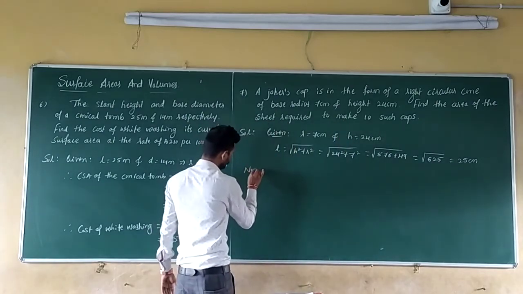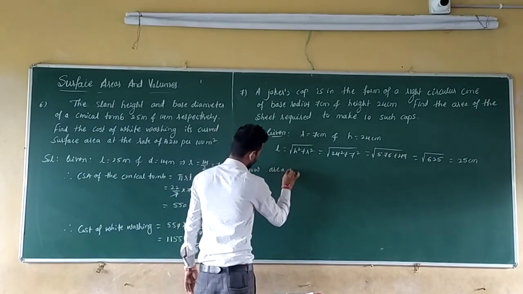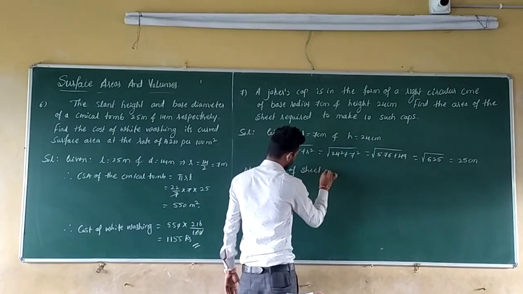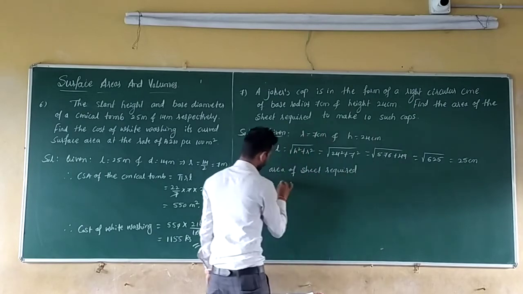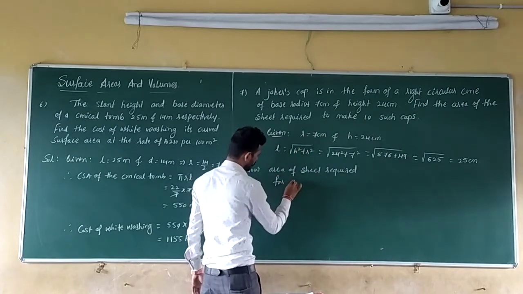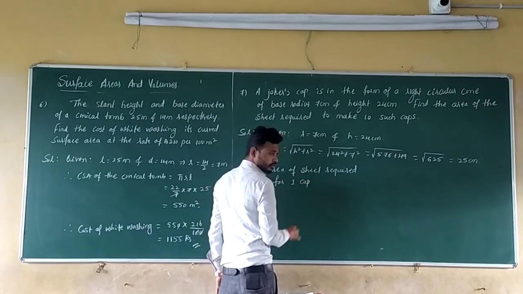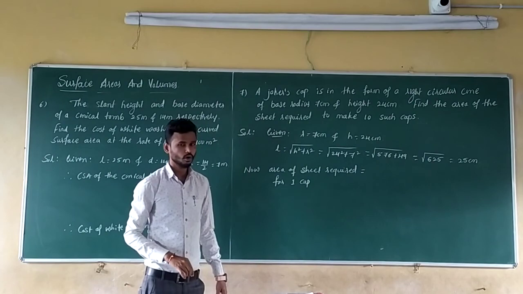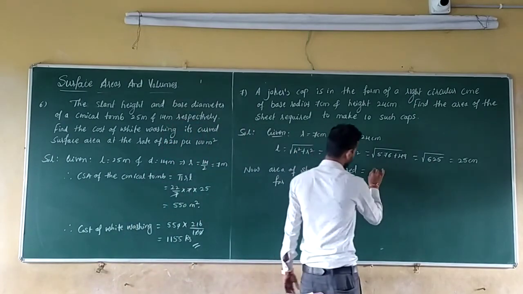Now find the area of sheet required for one cap, which is equal to the CSA of a cone.